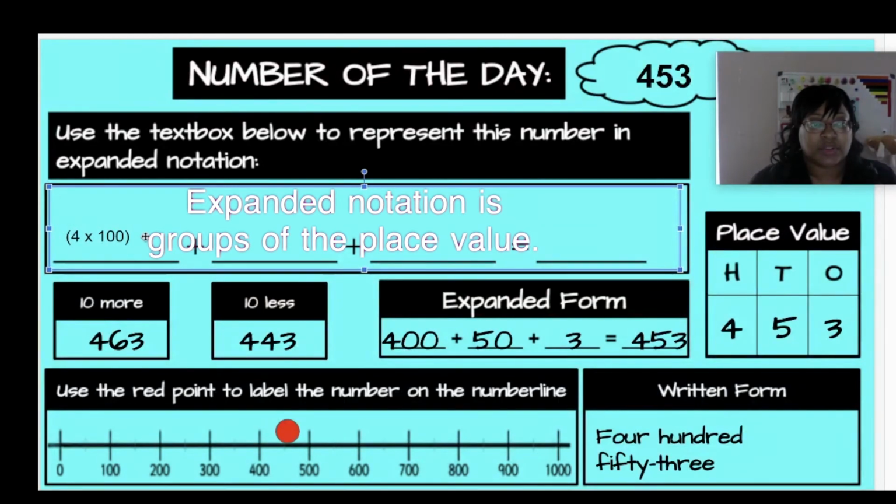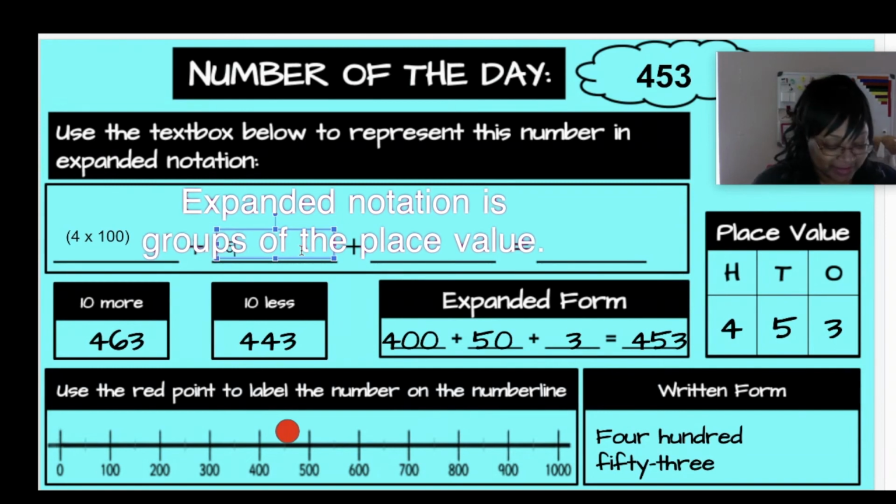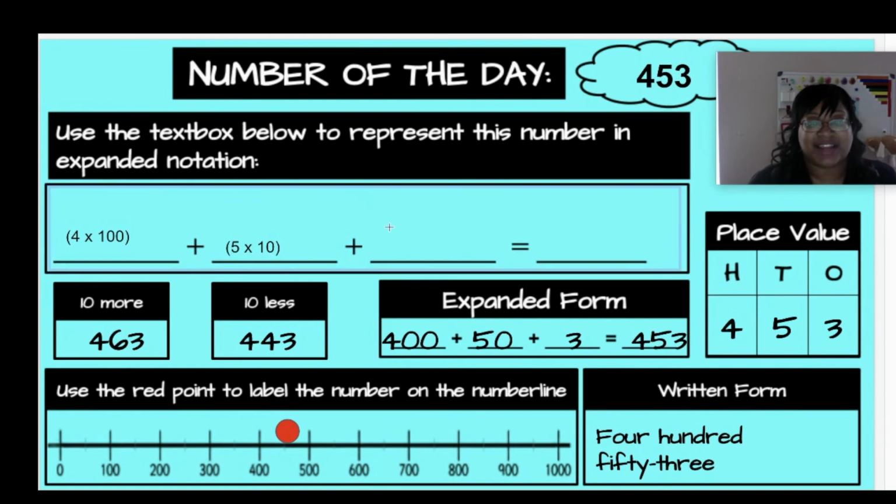Okay, let's go to the next number. How many groups of 10 do I have? You're right, 5 groups of 10, and we put that in parentheses. You got it. All right, what's the next? How many groups? 3.